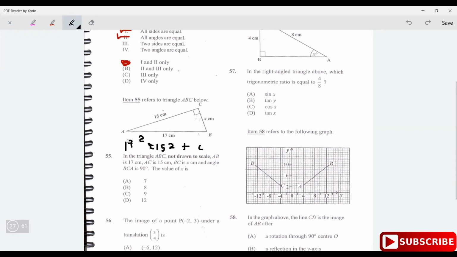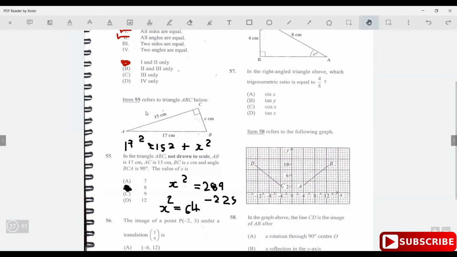To make x squared the subject, x squared is equal to 17 squared, which is 289, minus 15 squared, which is 225. So x squared is 64. If x squared is 64, you square root both sides to get x equal 8. Easy question.